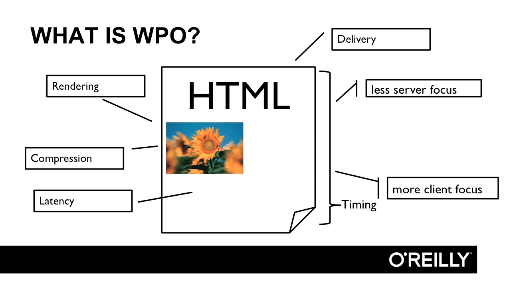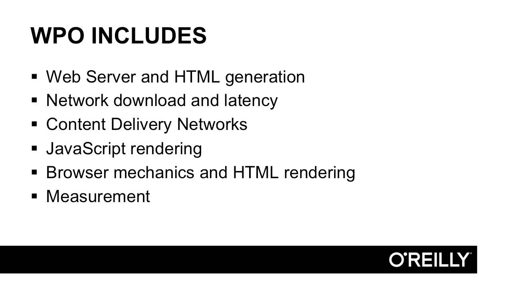WPO is principally concerned with how things are rendered and not what is rendered. We're not really looking at what's being sold or what the image contains. We're more interested in when does it display, and is it the smallest it could be, and could it be faster?